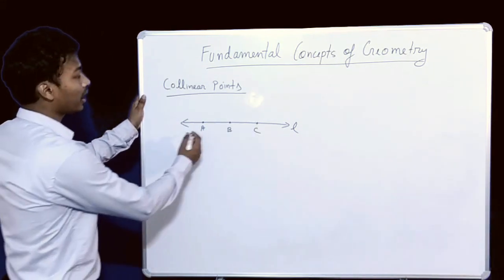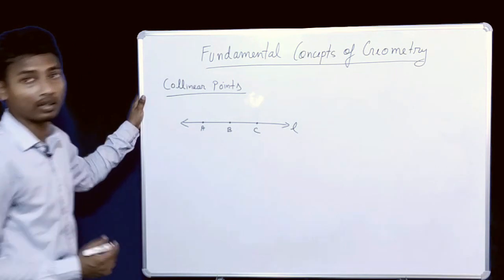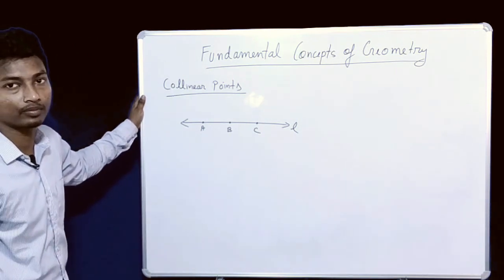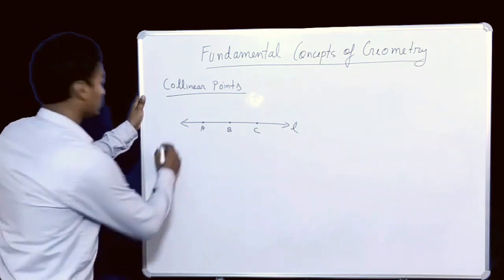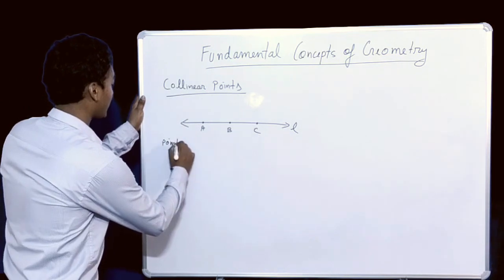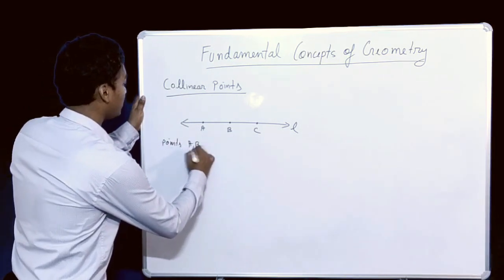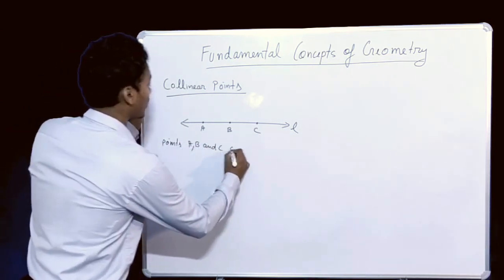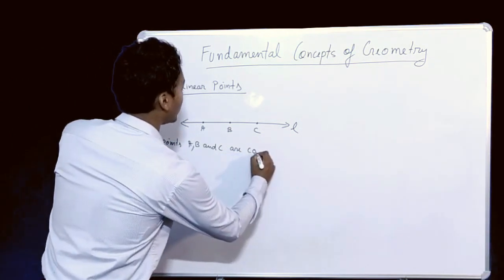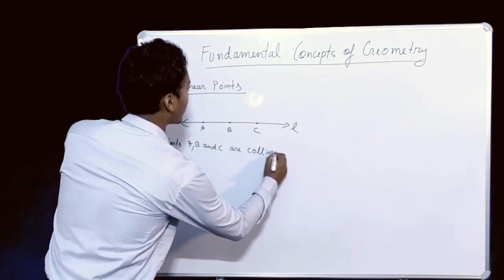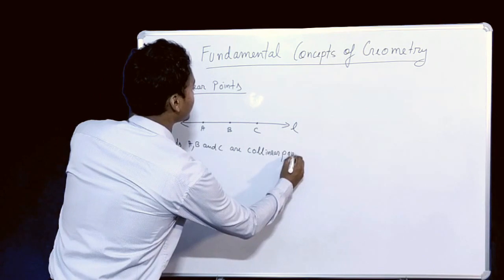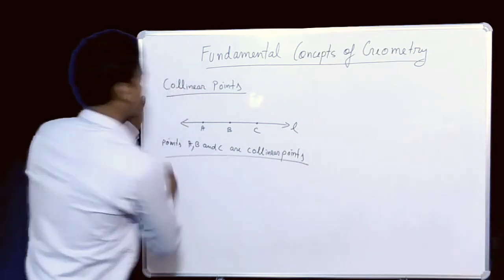So A, B and C are collinear points. Clear?